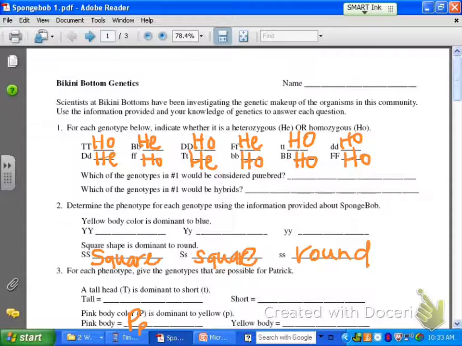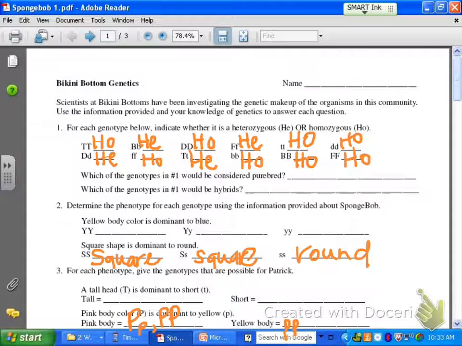Are there any other ones? Big P, big P, and notice I'm trying to make the difference between the two obvious. What about yellow body? Emily? It'd be little p, little p. Any questions on 1, 2, or 3? All right, good. Now just put your homework to the side. We're going to come back to it.